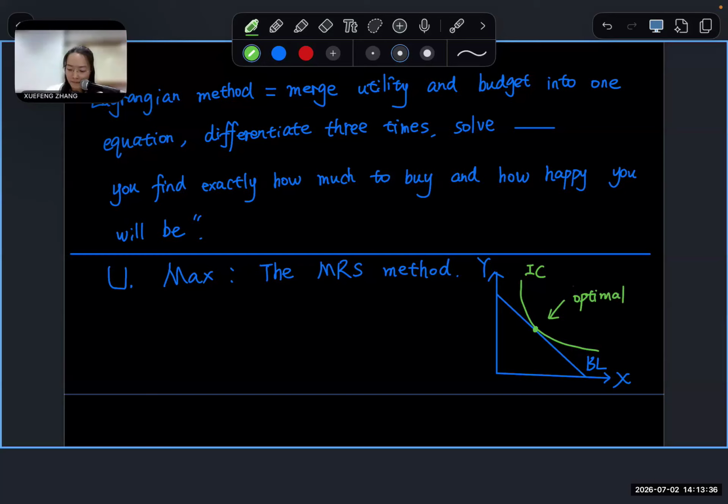So this is the intuitive logic of the MRS method, but I don't have time to cover it today. I think today it's enough about the Lagrangian methods.